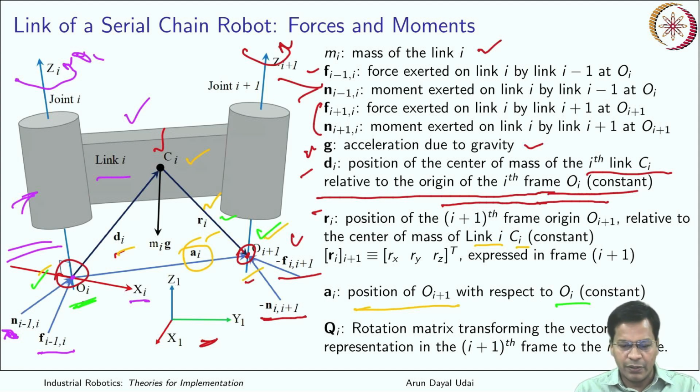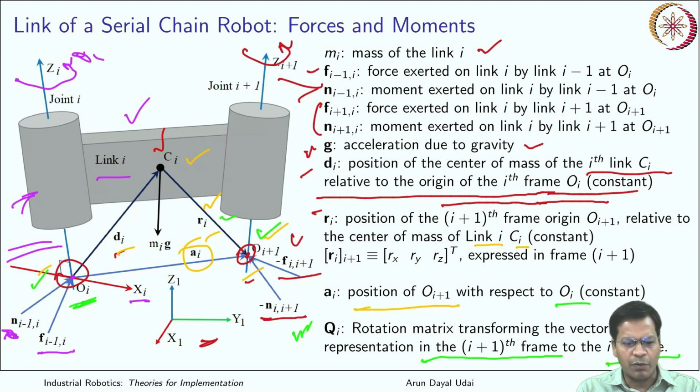Done. And there is one more thing to it, that is the Qi matrix, that is the rotation matrix transforming the vector representation in the i+1th frame to the ith frame. So it is nothing but an extract of the rotation matrix that comes out of the link transformation matrix. You have studied this well while you were studying DH parameters and link joint parameters. Okay.